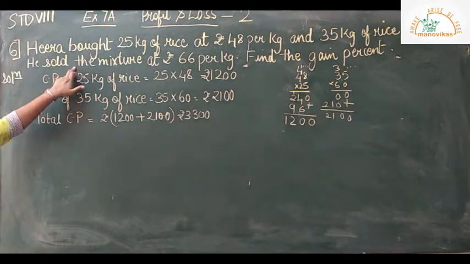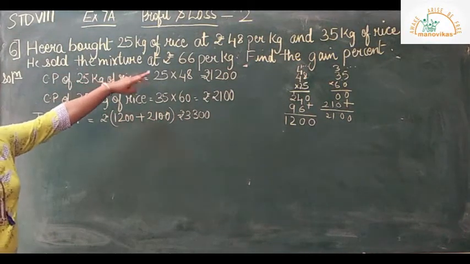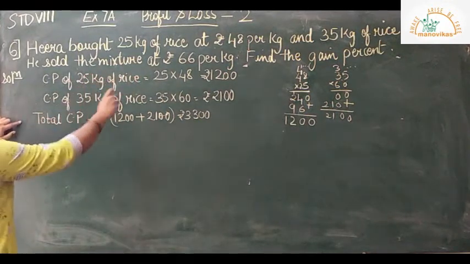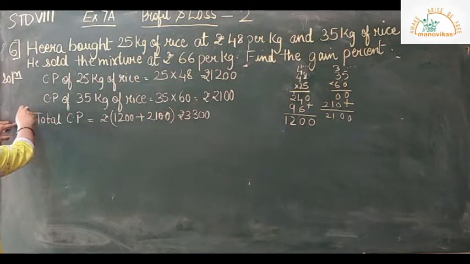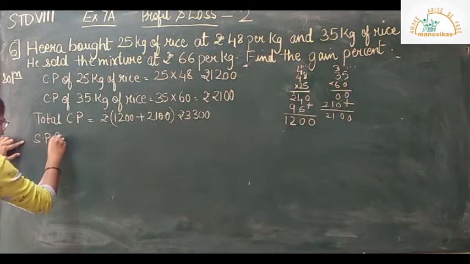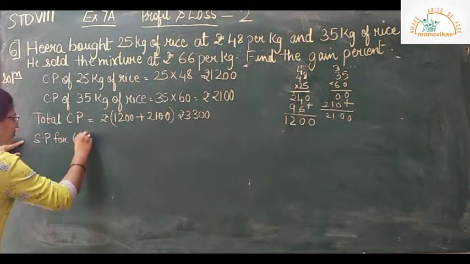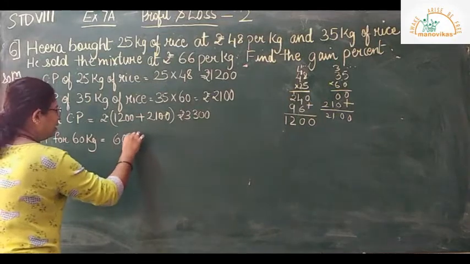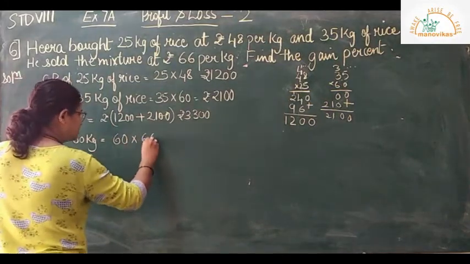Now he has sold the mixture for rupees 66 per kg. So now the mixture is of 60 kg. So selling price for 60 kg is 60 into rupees 66.